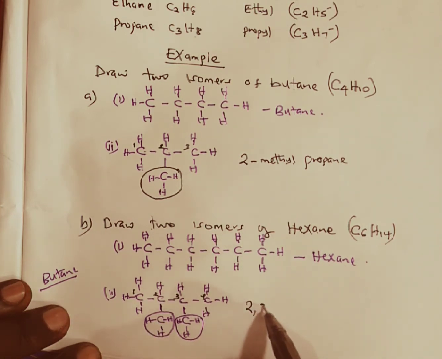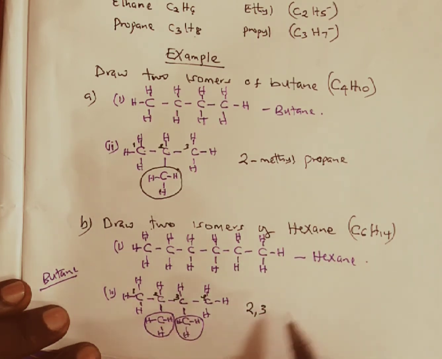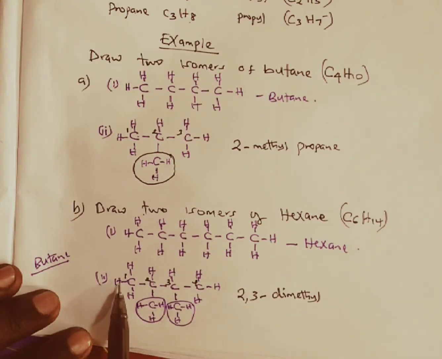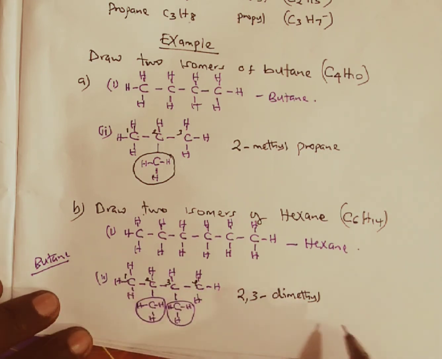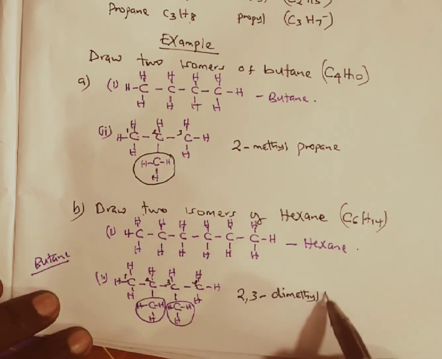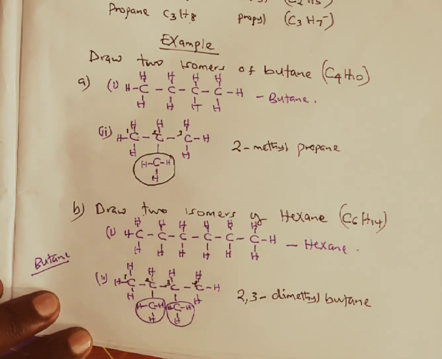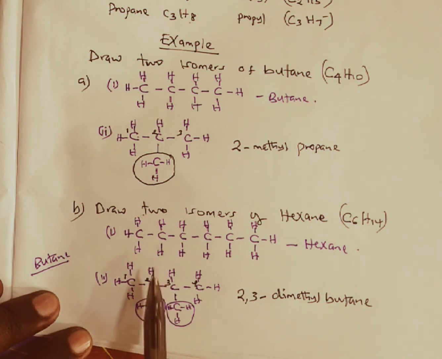In carbon number 3 again, we have another methyl. But since there are 2, we use the prefix di meaning 2, so we have dimethyl. The parent name comes from the longest continuous chain, and since it has 4 carbon atoms, the parent name is going to be butane. So the correct name of this particular isomer would be 2,3-dimethyl butane.